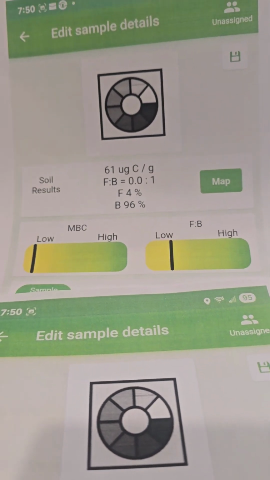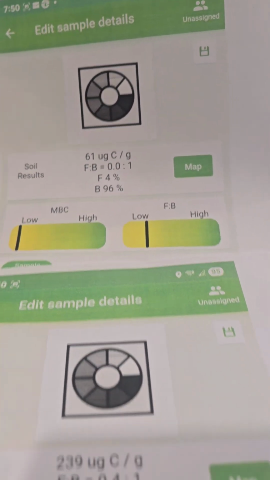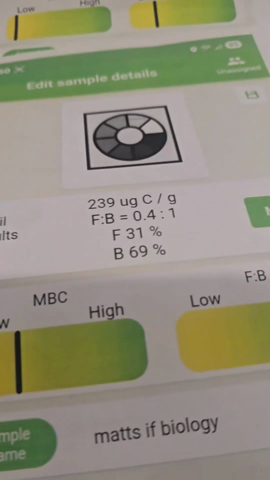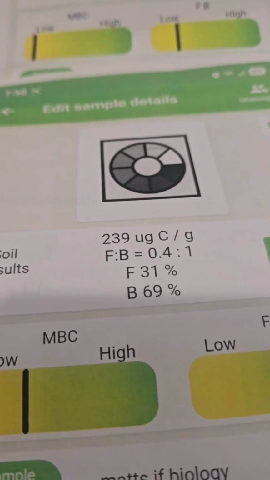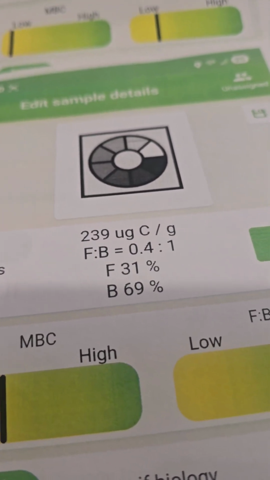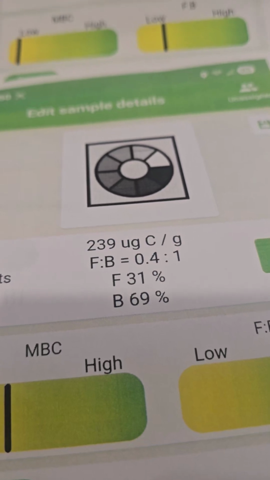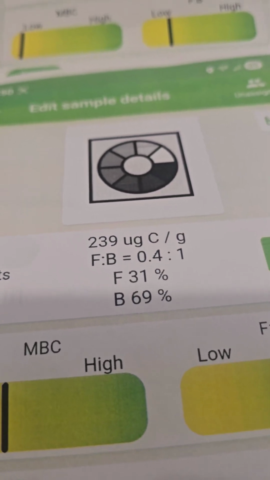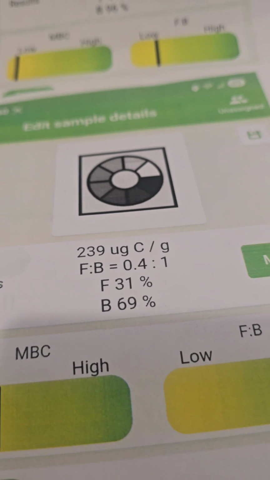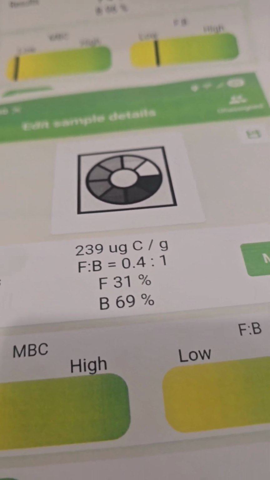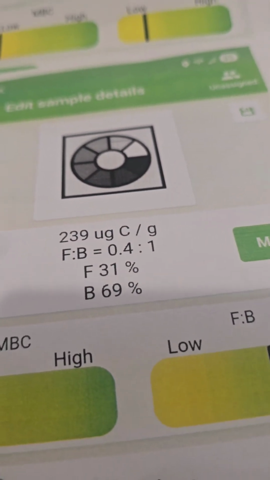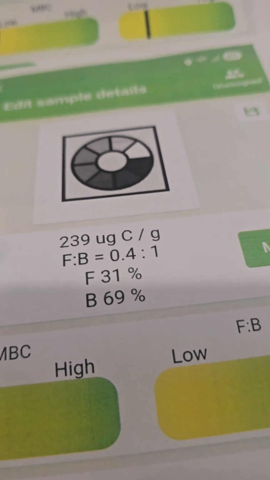So the in-furrow looks about the same, and I was surprised to see the total in the in-furrow not quite as high as where we did the in-between the rows, but it makes a lot of sense because it seemed like there were a lot of roots in between the rows.